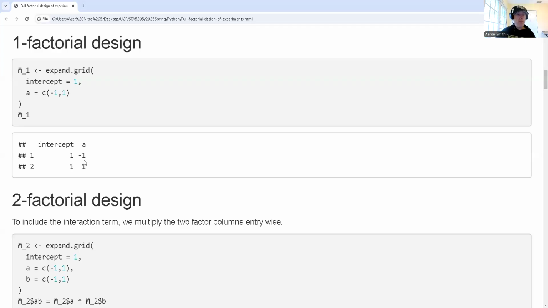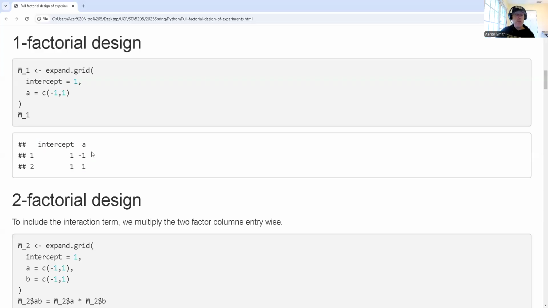Okay, so notice that if I multiply the first column by the second column, I end up getting the second column. 1 times -1 is -1. 1 times 1 is 1. So if I multiply these together, I get -1 and 1, and that is the column A. If I multiply the A column by itself, I get -1 times -1, which is 1. 1 times 1 is 1, which is the intercept.